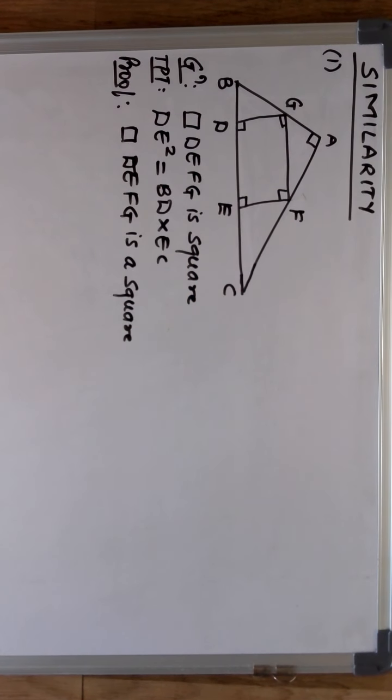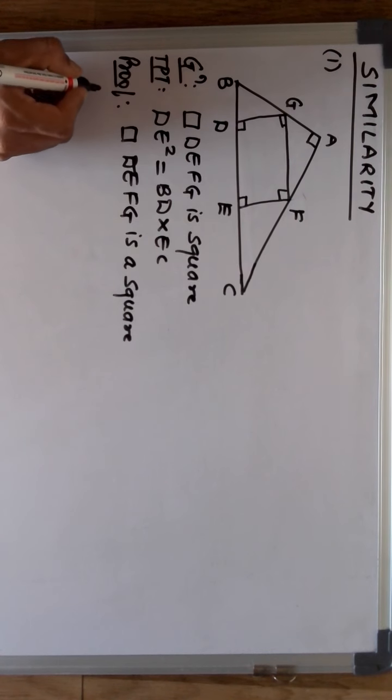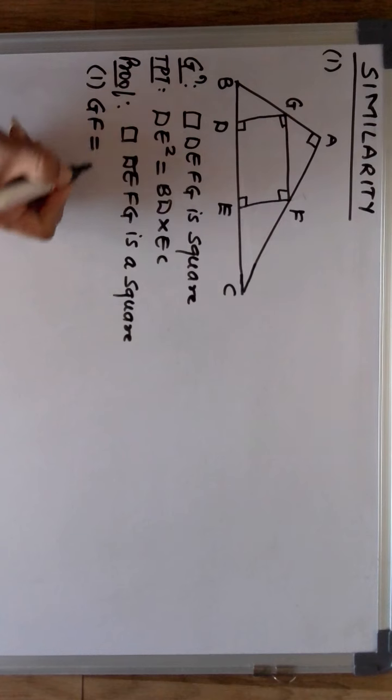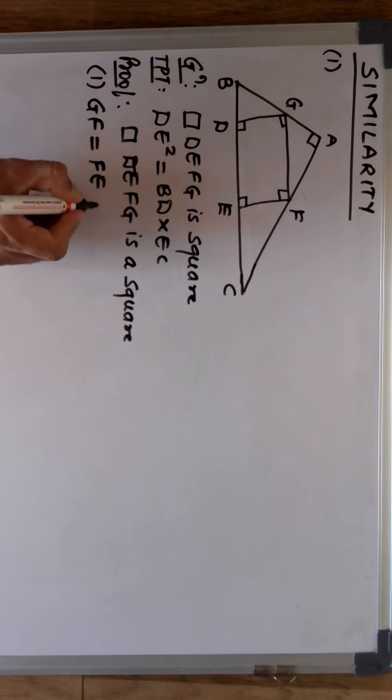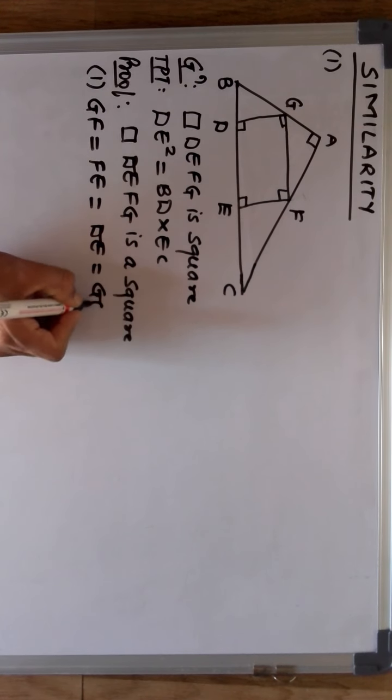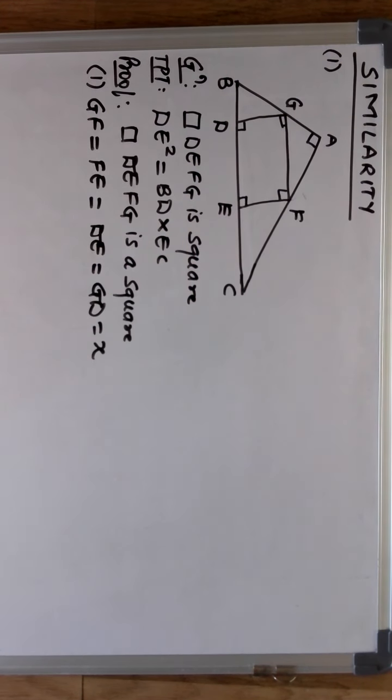If it is a square, then obviously, first I am taking GF is equal to FE is equal to DE is equal to GD is X units. That is, all the sides are equal and all angles are also equal.